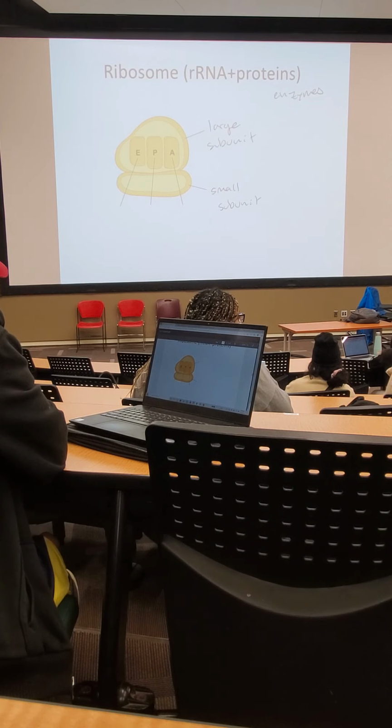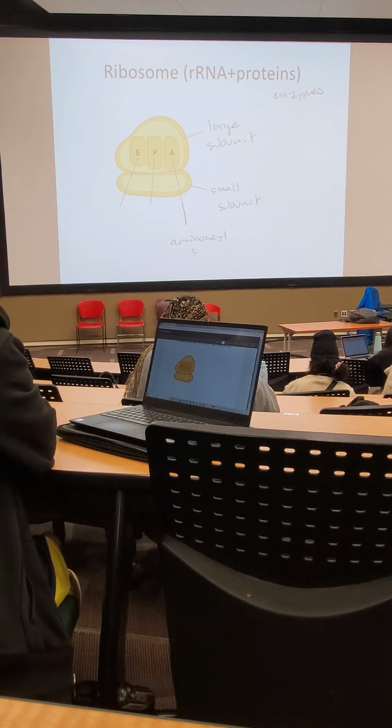So there is an order, and that's really important. A lot of people call them different things. So A, you can call it the aminoacyl site. You can also call it the accepting site. I don't really care as long as you recognize that that's where these tRNAs are initially entering the ribosome.